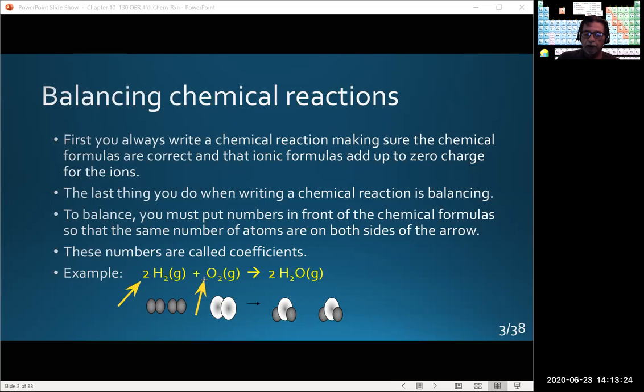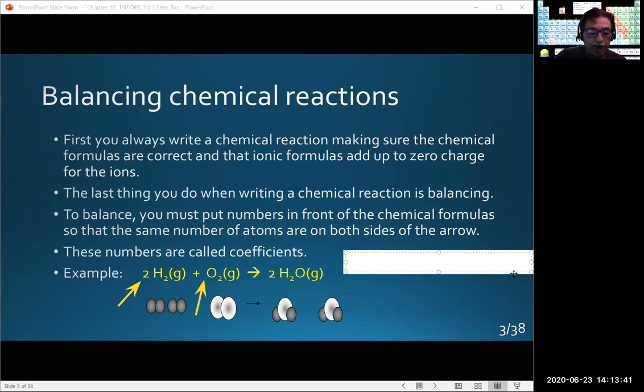Okay? And that ratio, like we talked about back when we were converting units, I can write that ratio one of two ways. Let me do that here. So I could say 2 H2, with the 2 as a subscript, divided by O2.